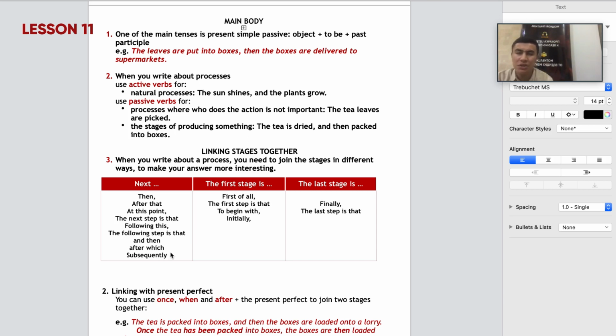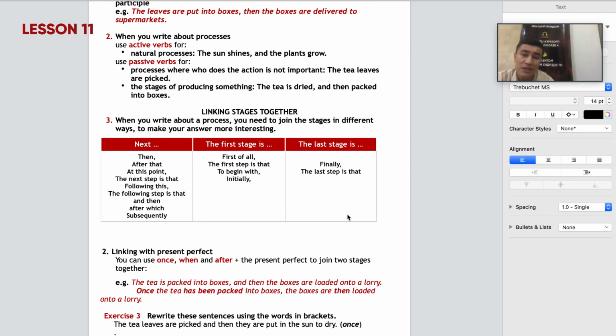Make sure that you're using a variety of language because you will also be evaluated on your lexical resource. And instead of the first stage is, you can use first of all, the first step is that, to begin with, initially. And the last stage is can be replaced by finally, the last step is that.